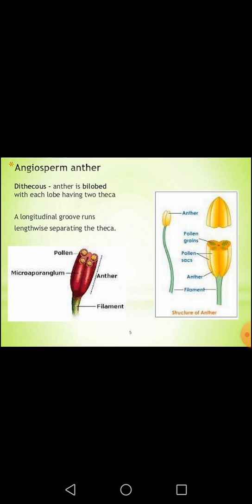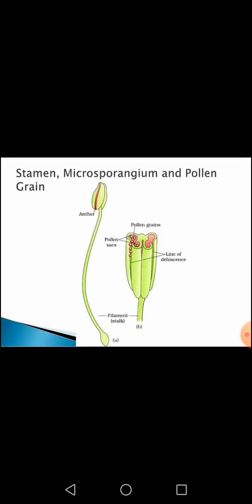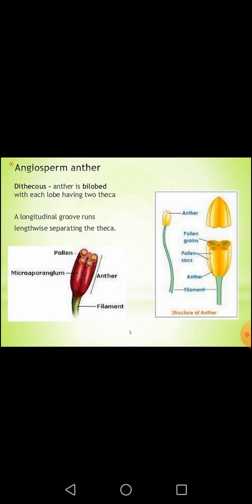Dithecous means initially you can observe that there are two lobes in each anther, and each lobe contains two thecas. Here in the picture you can see that the anther is a bilobed structure, and each lobe has two thecas, and a longitudinal groove is running lengthwise and separating these two thecas.